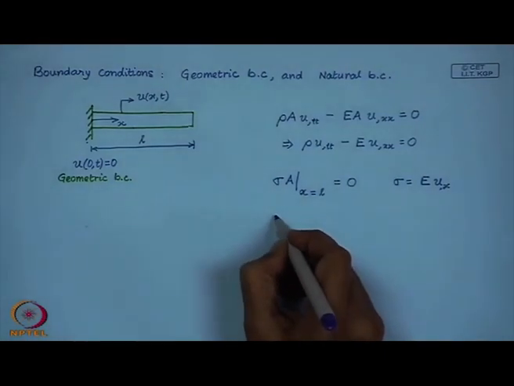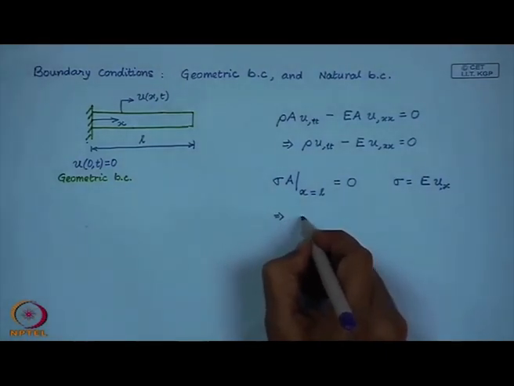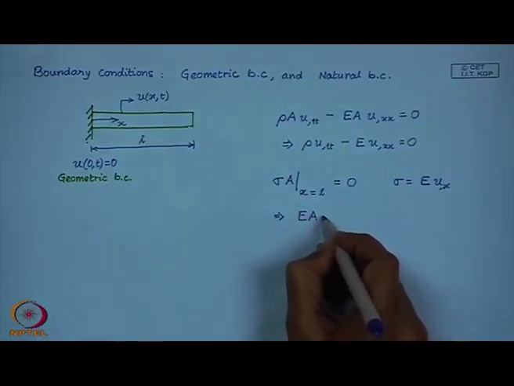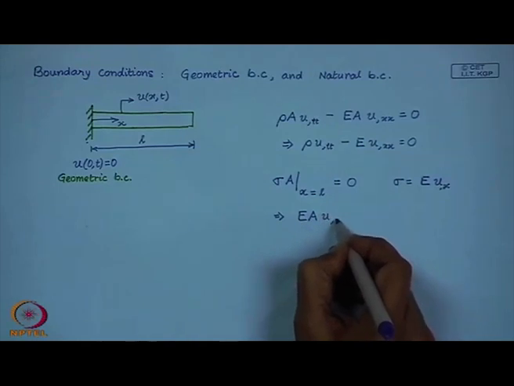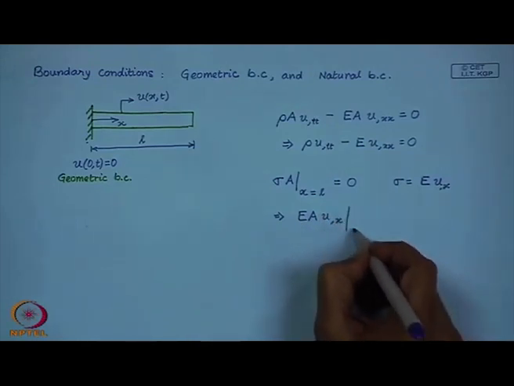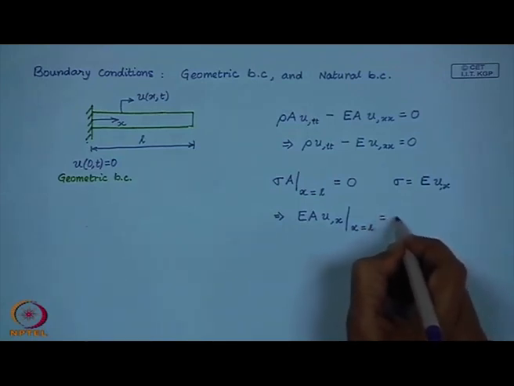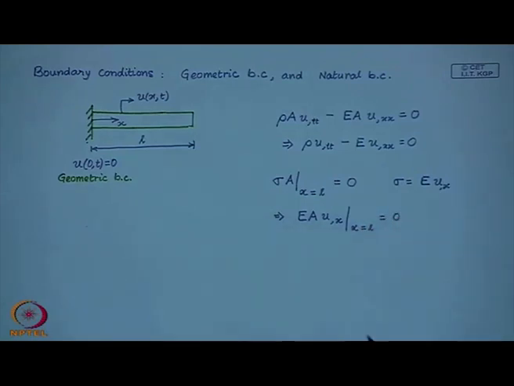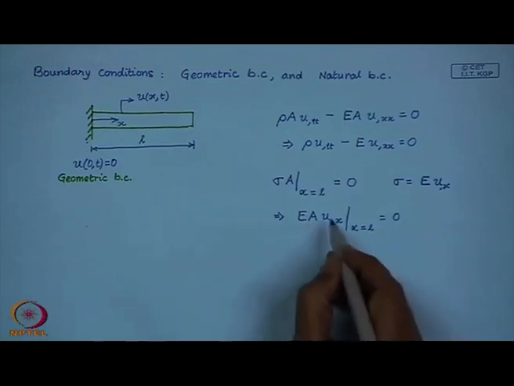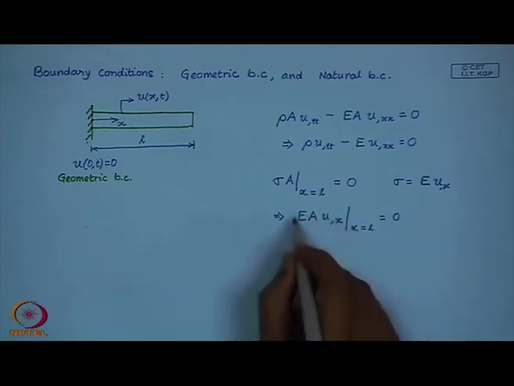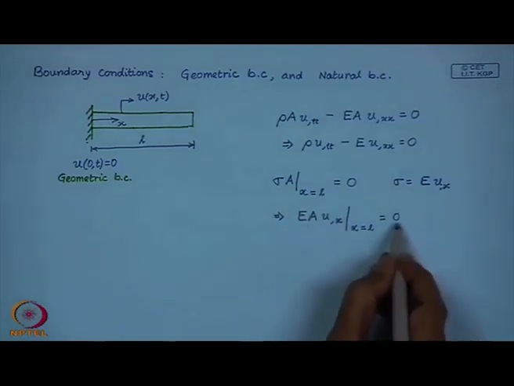So, these two imply E times A del u del x, evaluated at x equal to L, must be 0.